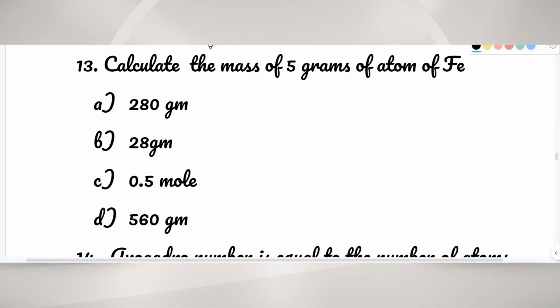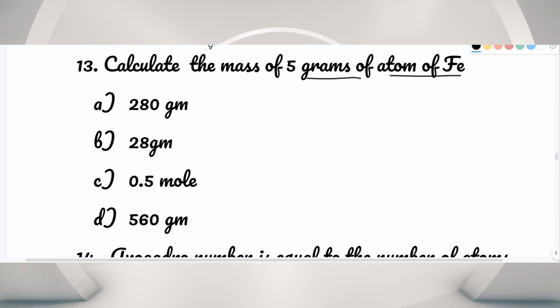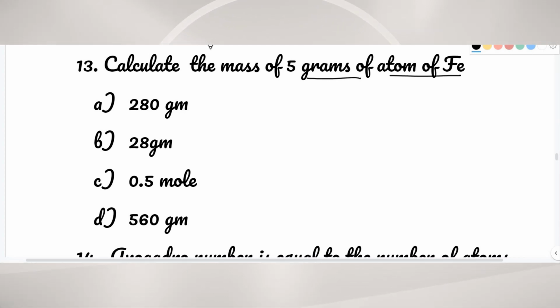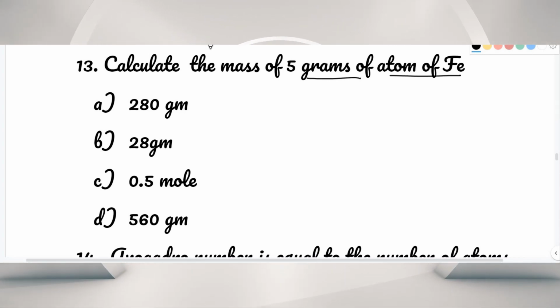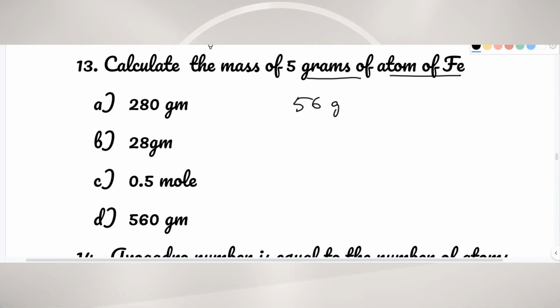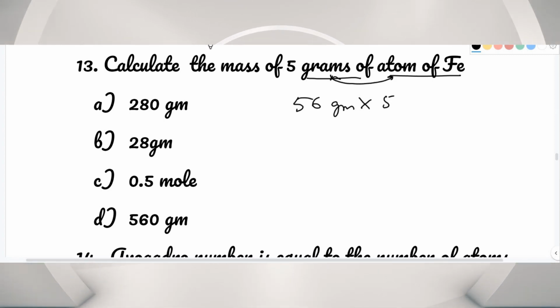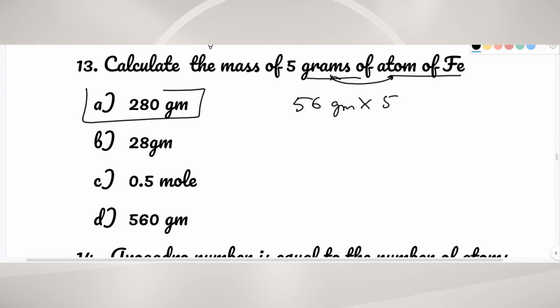Calculate mass of 5 gram atoms of iron. One gram atom's mass is 56 grams. 5 gram atoms' mass is 56 times 5, that is 280 grams.